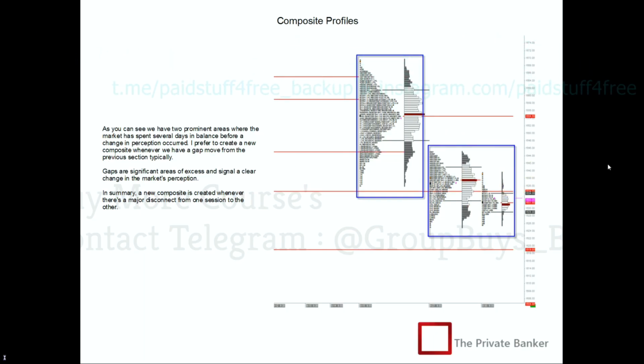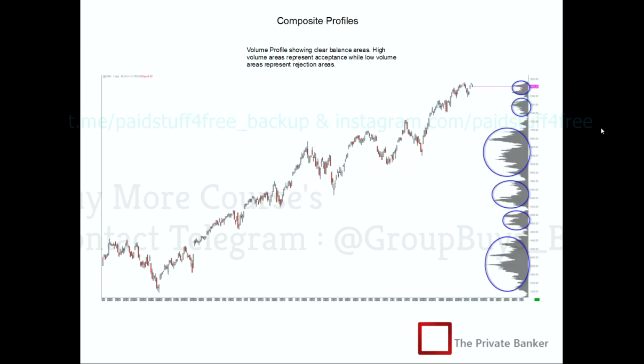So we've talked about rotations between composites and clear high volume areas and low volume areas, or low TPO areas. Let's take a look at some volume composites now as well. And again, this is the S&P contract, the ES on a daily bar chart, regular trading hours, RTH.